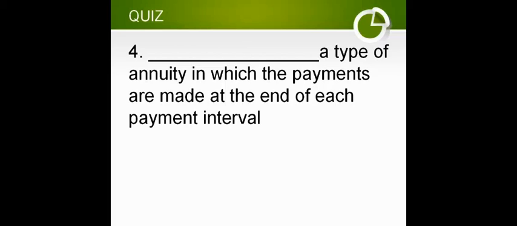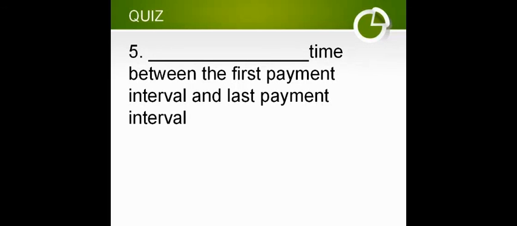Number 4, blank is a type of annuity in which the payments are made at the end of each payment interval. Number 5, blank, it is the time between the first payment interval and the last payment interval.